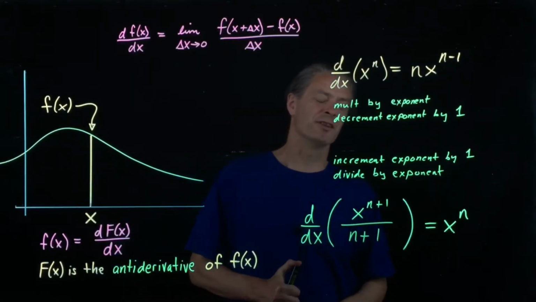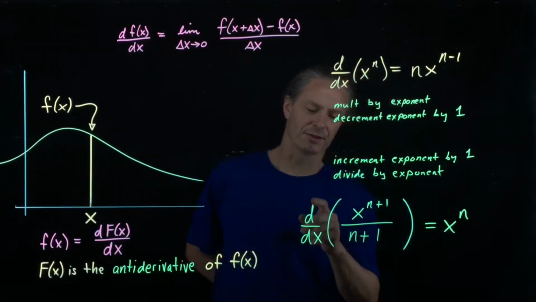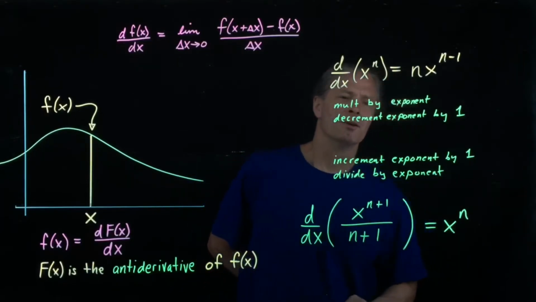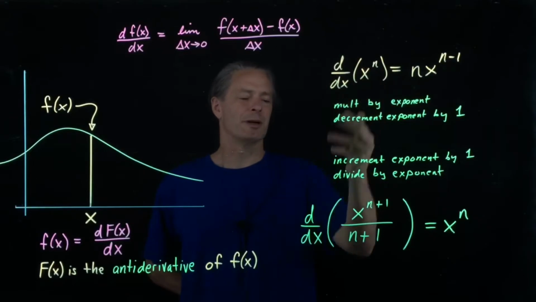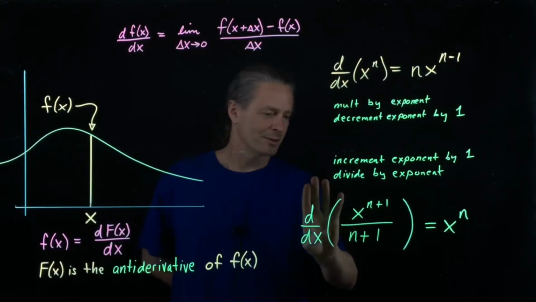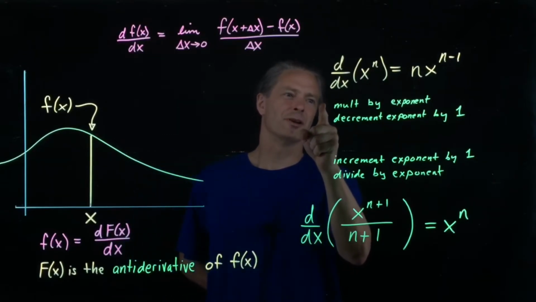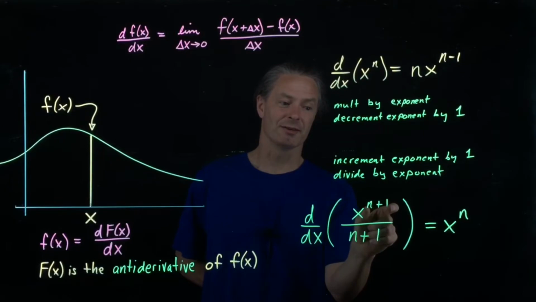And now that we've done this, we should check to make sure we haven't outsmarted ourselves and make sure that if we take the derivative with respect to x of this, we get that. So now let's apply the derivative rule for x to the power of n. The first part of the rule says to multiply by the exponent, which is now n plus 1.